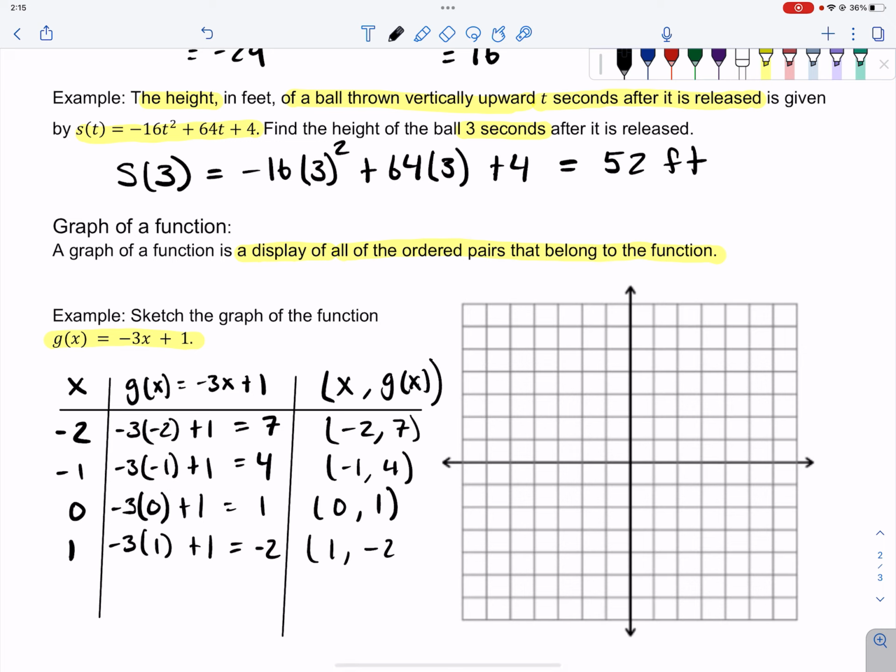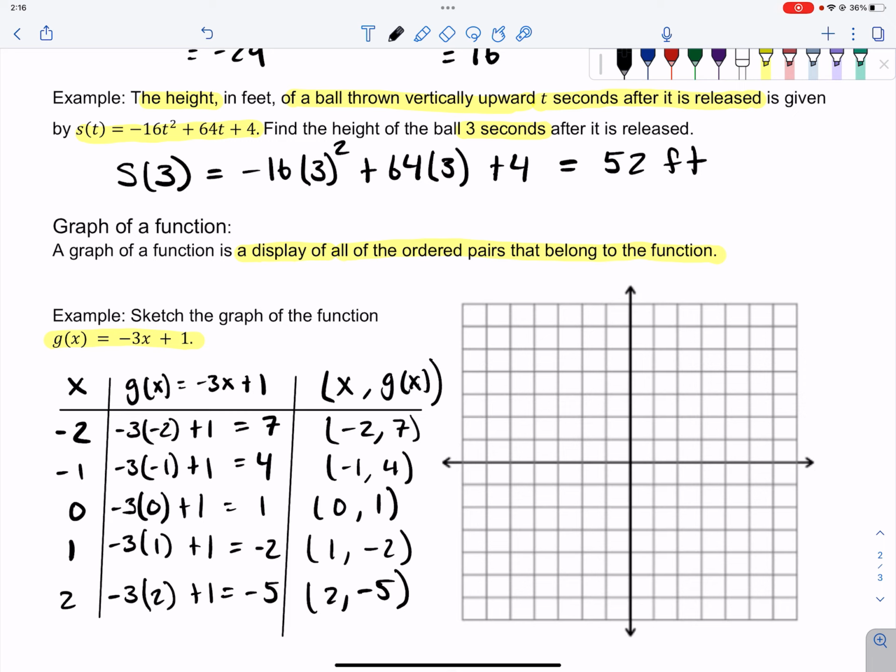To give us 1 comma negative 2. And then let's do one more to put in 2 for x. Negative 3 times 2 plus 1. And that then gives us negative 5. So we have 2, negative 5 for our last ordered pair.